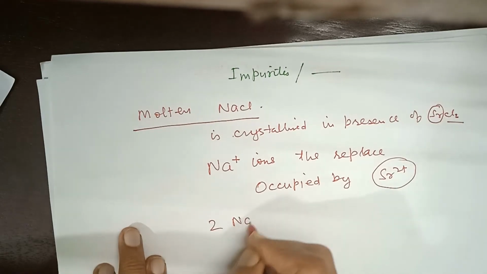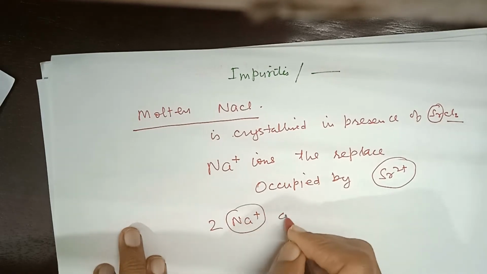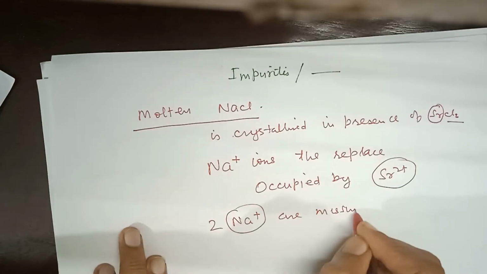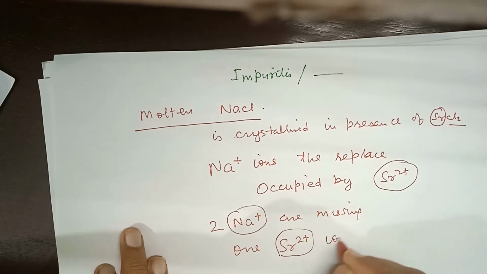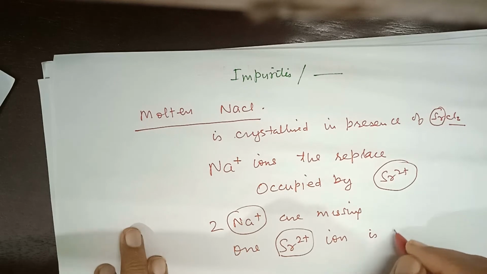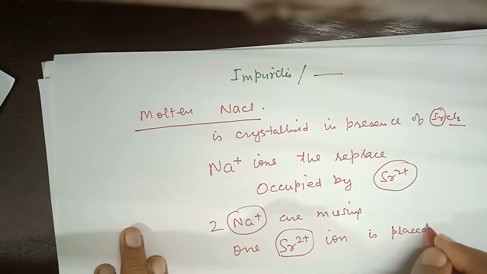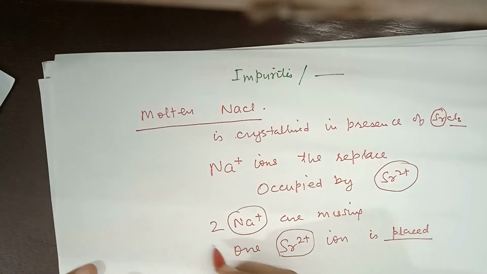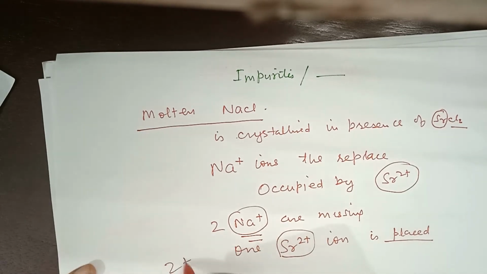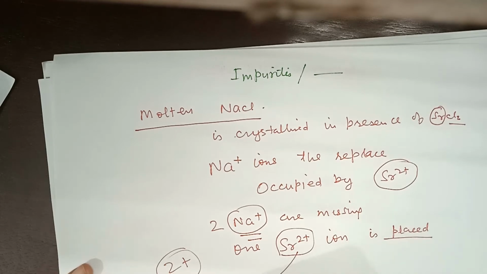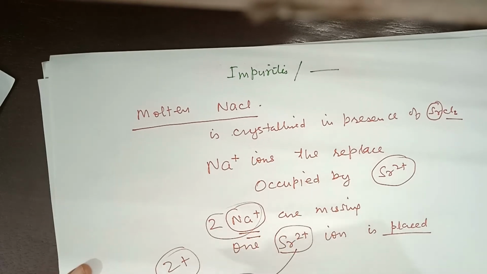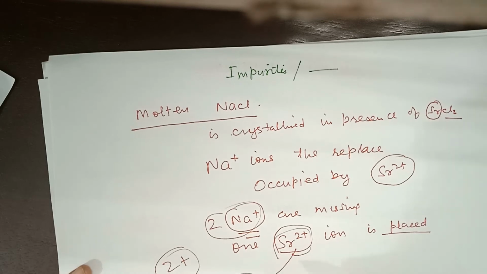Means 2 sodium ions are missing and 1 Sr2 plus ion is placed, because 2 sodium ions have 2 positive charge, and this one ion has 2 positive charge, hence 2 ions are replaced by 1 ion of Sr2 plus.